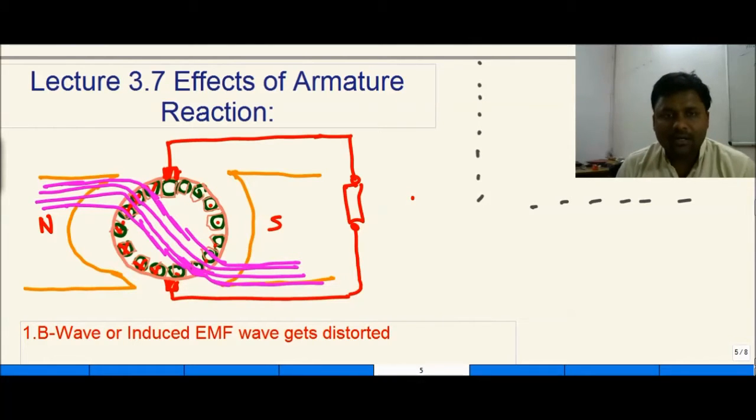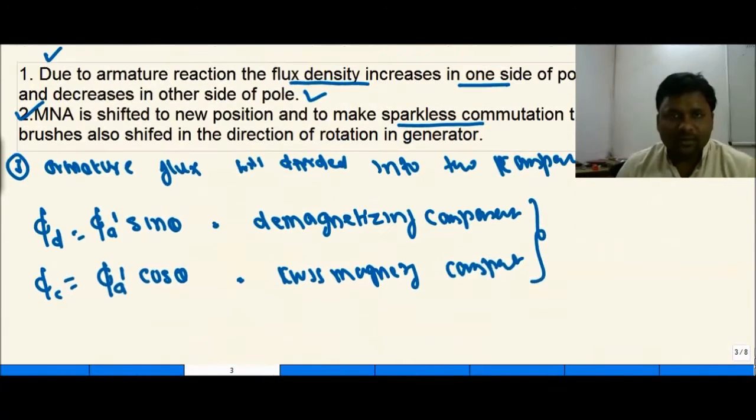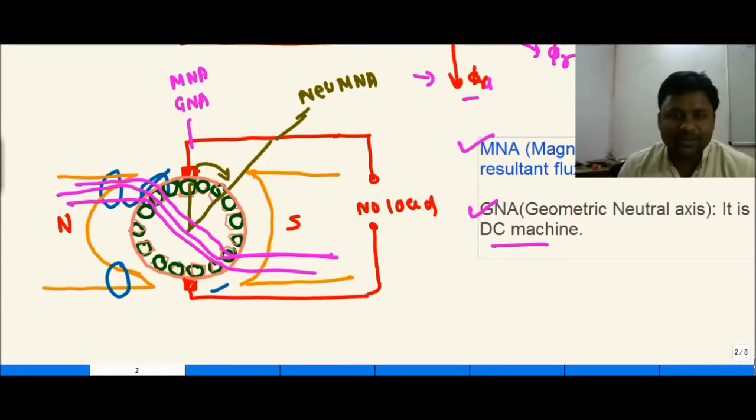Here we are moving forward to the effects of the armature reaction that we are going to discuss. In the previous class we learned that the armature reaction is basically the effect of the armature flux on the main field flux, and the resultant flux is distorted like this.